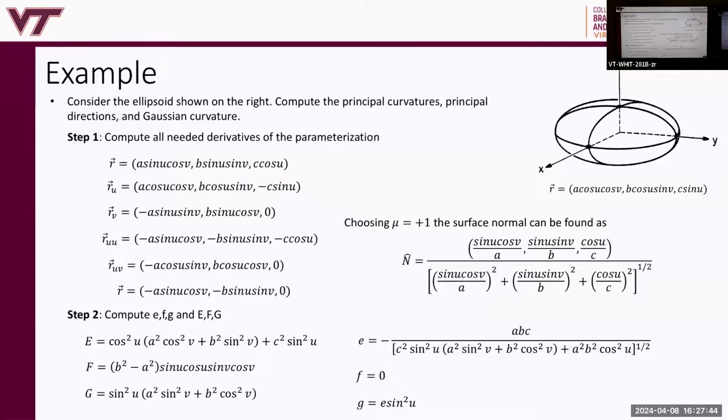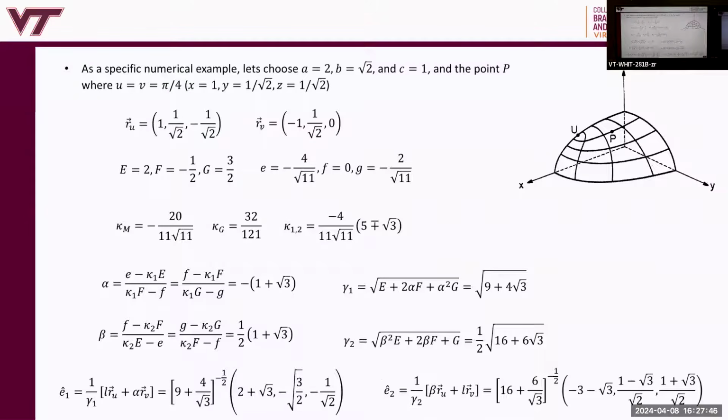Okay, good. If you do that specific example, then you get RU and RV here. You get E, F, and G, and little e, little f, and little g like that. And here's the point P, by the way, in the actual parameterization. And then you get kappa M, kappa G, kappa 1, 2. All right? We got to remember these values that we've calculated, especially this kappa 1 and kappa 2.